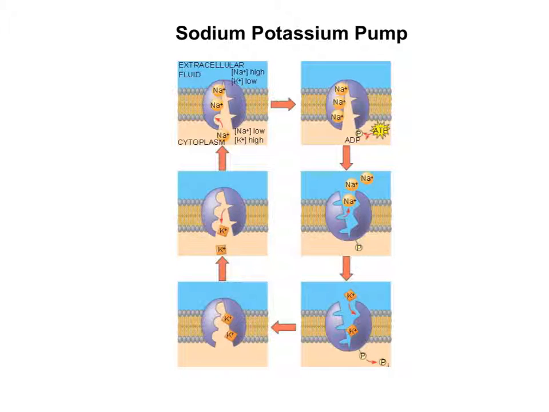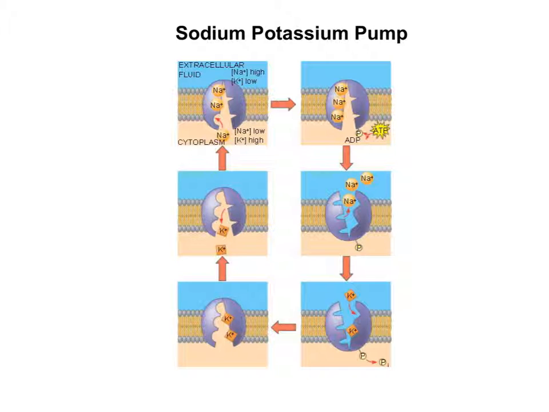Okay, so we're going to talk about the sodium-potassium pump. It goes left to right to down to left to up. So we're going to start here, work our way across to 2, 3, 4, 5, and 6. So starting with 1, there is a high concentration of sodium outside of the cell membrane. And it's going to try to bond to the sodium-potassium pump so that it can get inside.